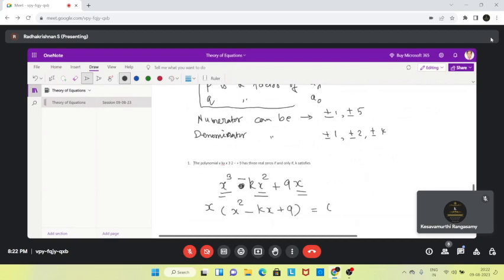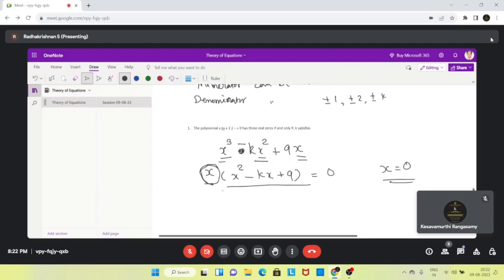Then one of the roots is x equal to 0. The other possibility is x square minus kx plus 9 being 0. Okay.